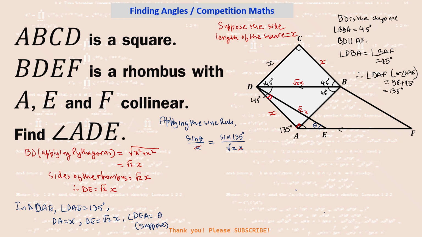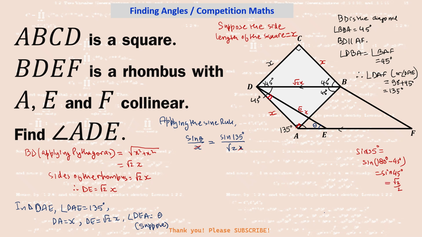Sine 135 degrees can be written as sine of 180 degrees minus 45 degrees, that is equal to sine of 45 degrees, and we know sine 45 degrees is root 2 over 2.